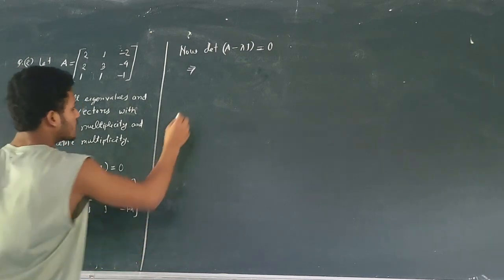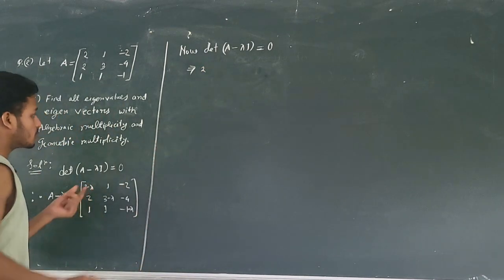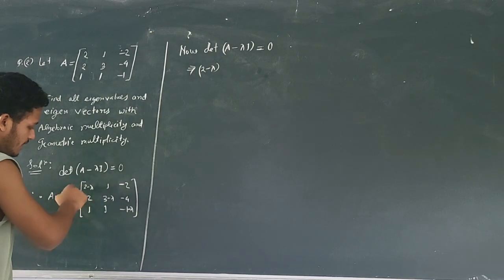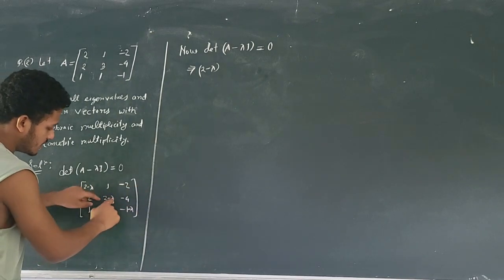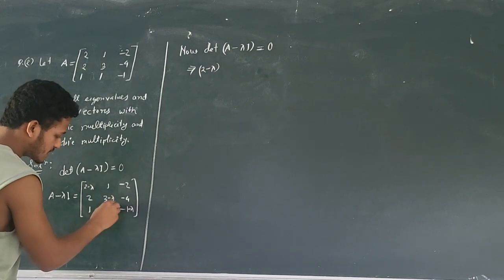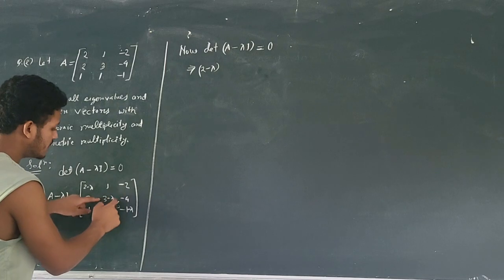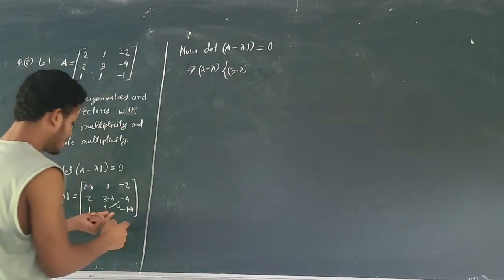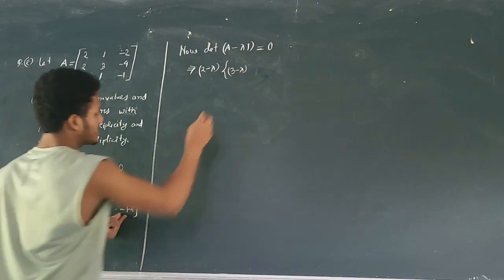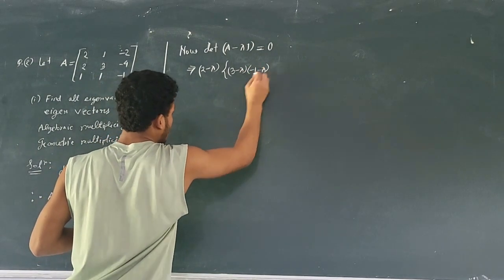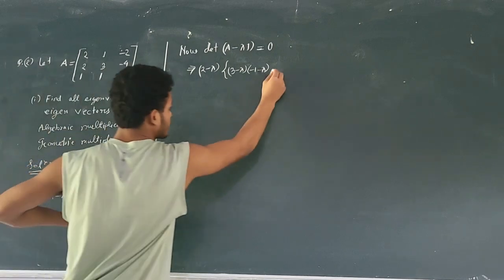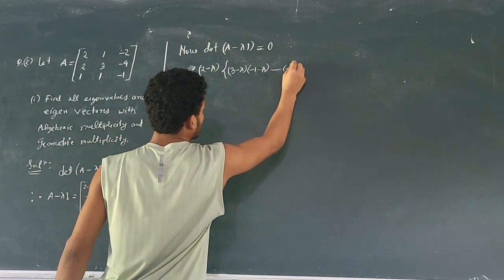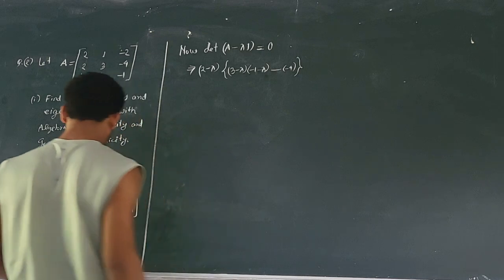It is 2 minus lambda into, draw a line here and a line here, the product of this multiplied by this minus this: 3 minus lambda multiplied with minus 1 minus lambda, then minus 1 into minus 4, it will be minus 4, bracket close.